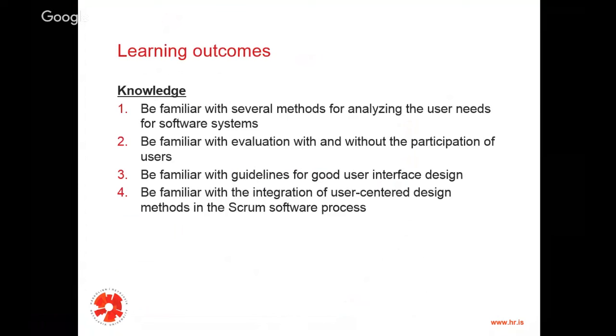The learning outcomes are in 3 different groups, and we actually discussed those a week ago. These are the knowledge learning outcomes. If you have a hammer, the knowledge learning outcome is to be able to describe a hammer.